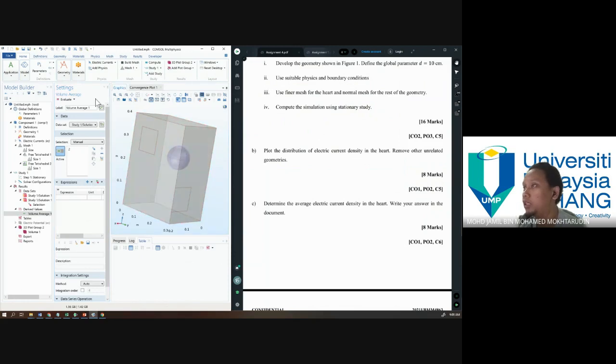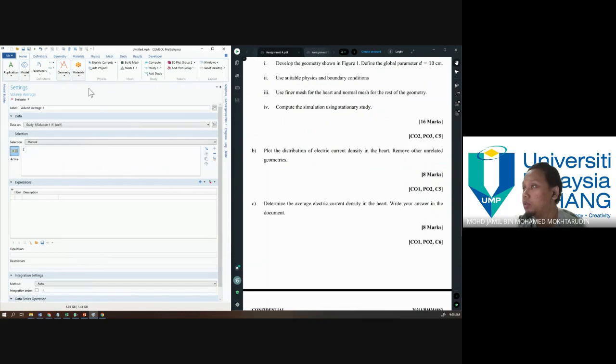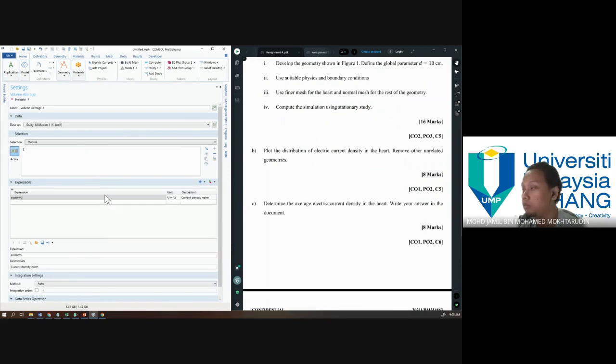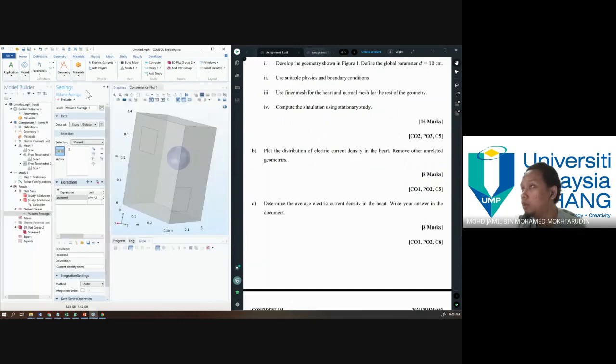And then in the expression, just look for electric current density. And then evaluate. So this is the average electric current density in the heart. Okay, 8 markah.